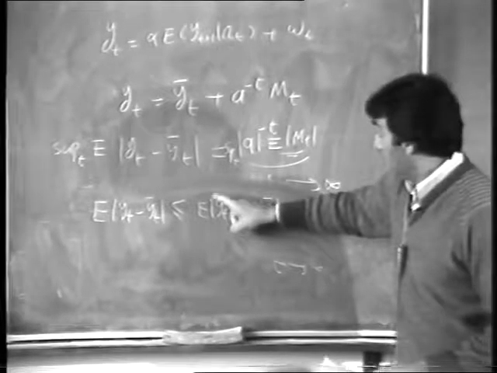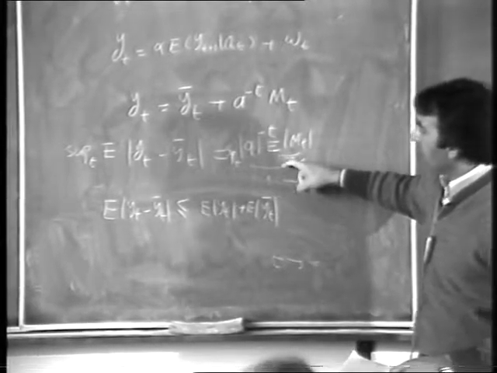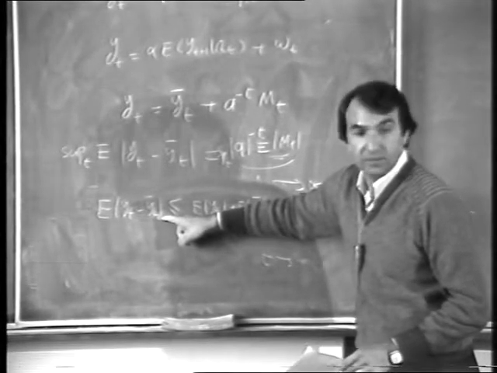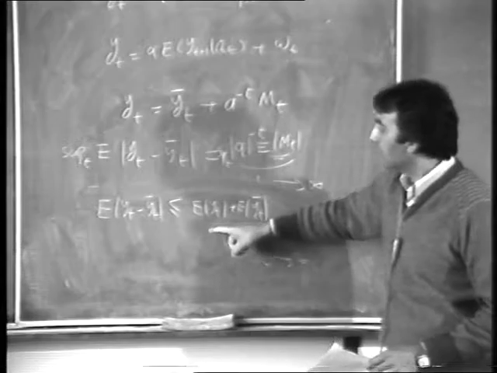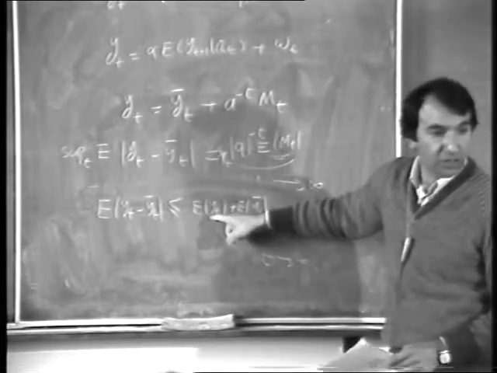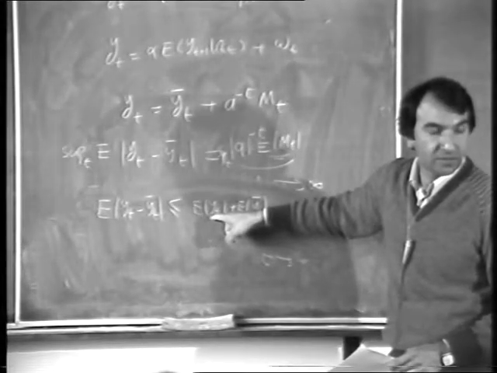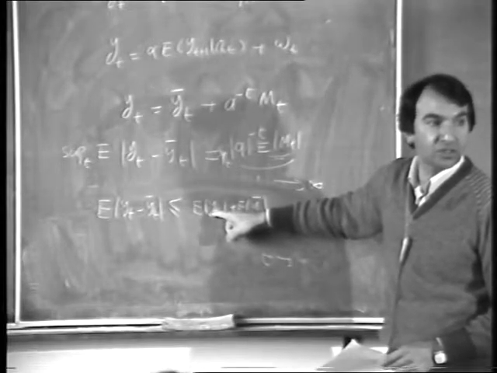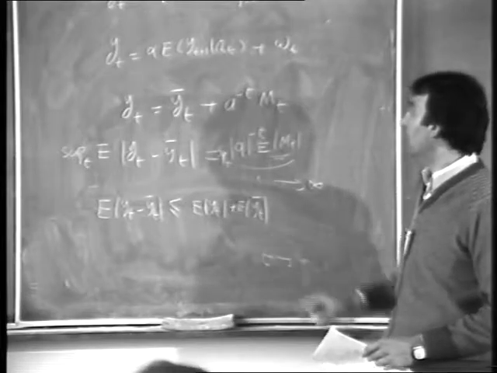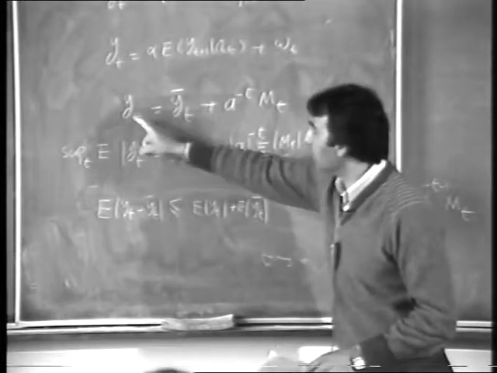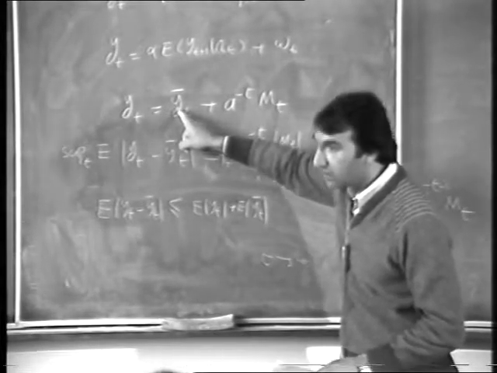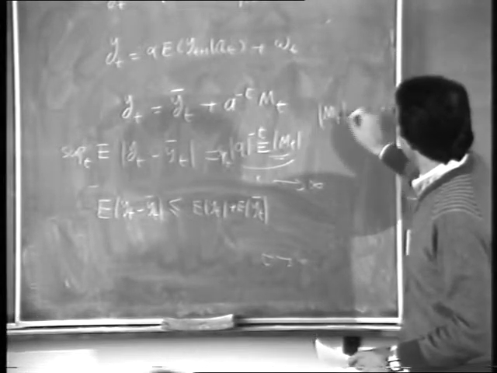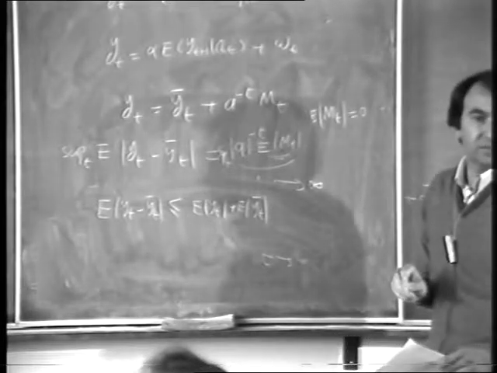Now, because this is expanding, this term has to also expand with the same rate, and this suggests that the expected value of y_t would also have to expand, which contradicts the assumption that y_t is stationary. So the only way that we could get y_t stationary given y_t bar is to assume that the expected value of M_t is equal to 0.